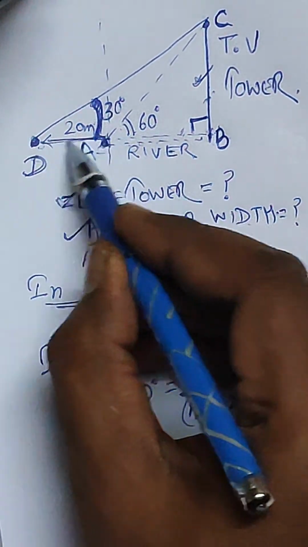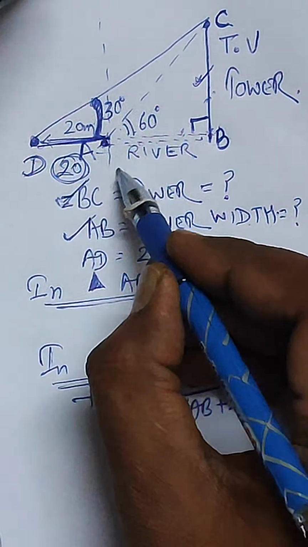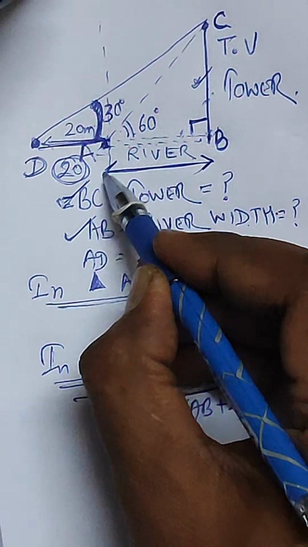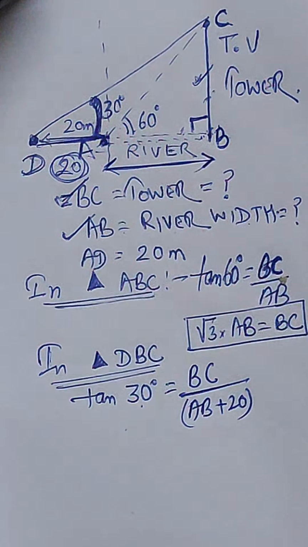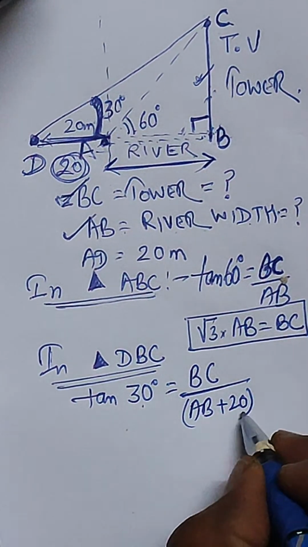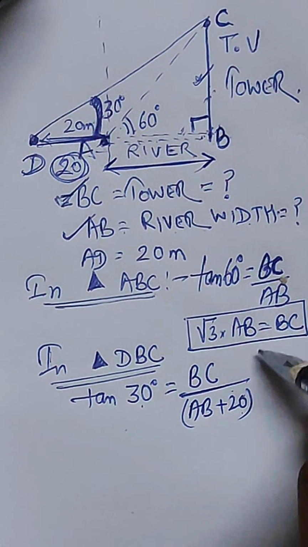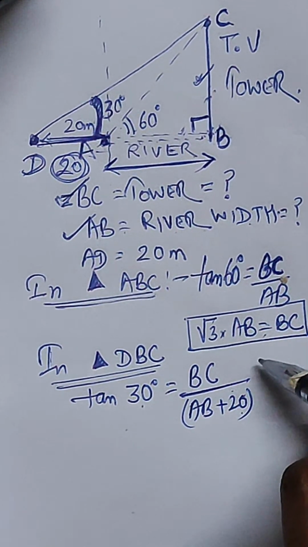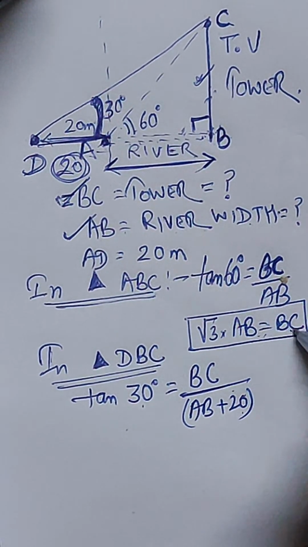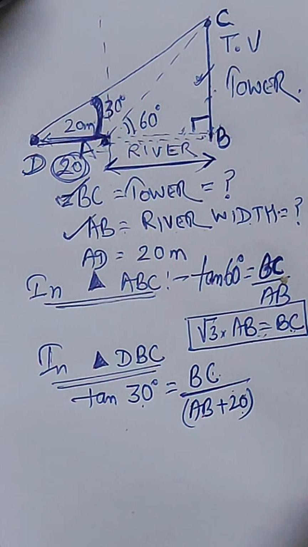This is 20, this is 20, this is 20, and this is the river width, which is equal to AB, right? Now AB plus 20 can be written in the denominator. Now you can see we have two equations, with the two variables AB and BC here, and here also AB and BC, right?